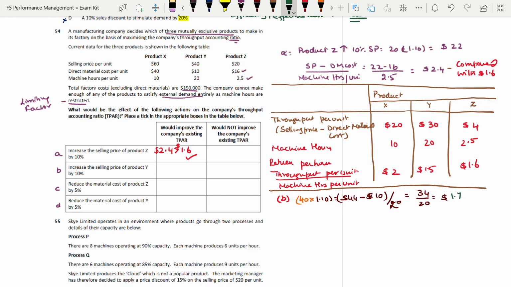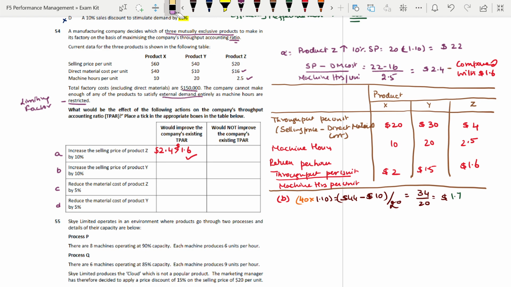Is 1.7 improving or not improving? Because the original is 1.5, 1.5 is less than 1.7.